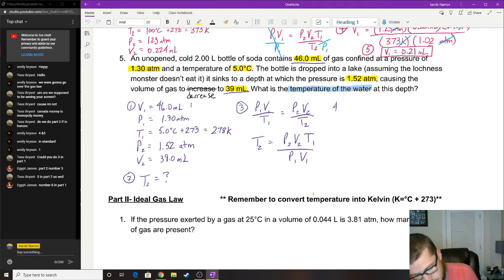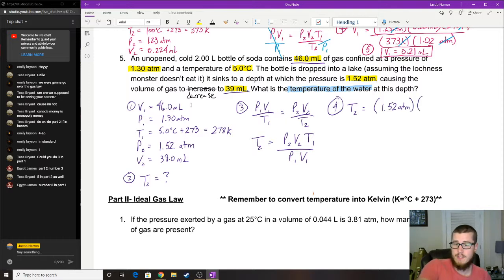Step number 4, plugging all this in. That's going to take me a minute. T2 is what I'm looking for. P2 is 1.52 ATM. V2, and again, see how helpful it is to have that list, because now I'm just going to the list and I'm putting everything where it needs to be. V2 is 39.0 milliliters. Okay, next thing, T1.